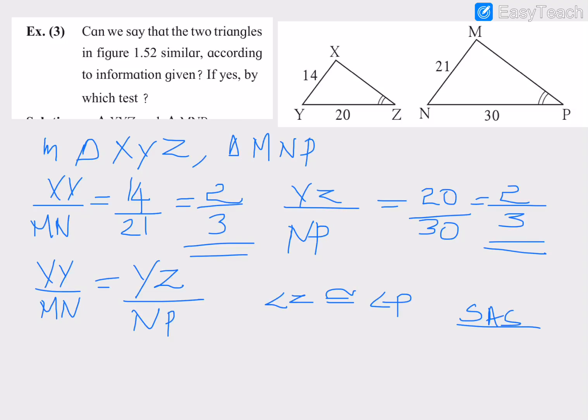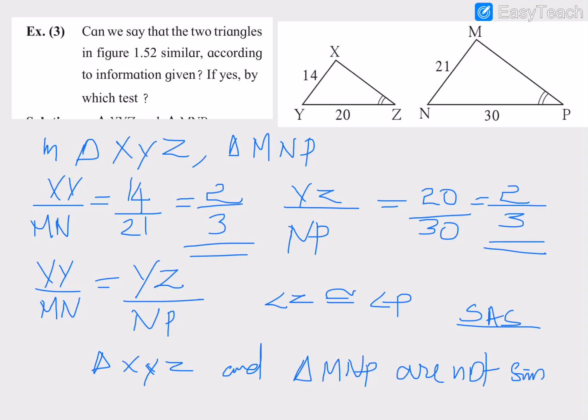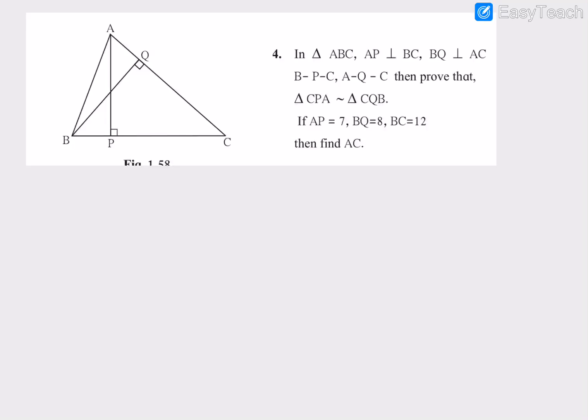We have to write that in words, so we can say that triangle XYZ and triangle MNP are not similar by the given criteria. And also before that we have to mention, because the angle Z and angle P are not between the corresponding sides.